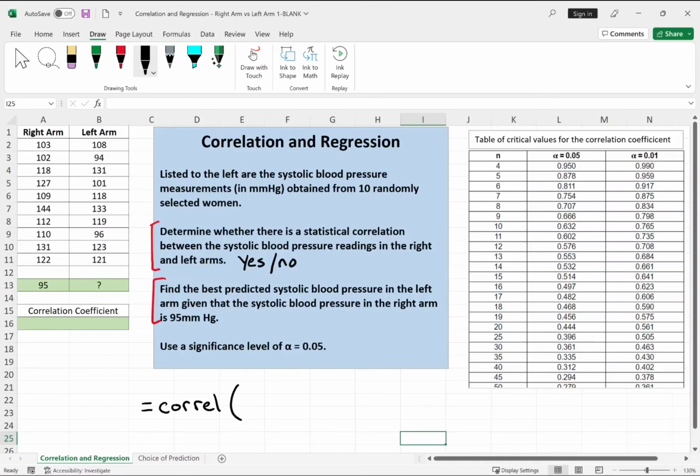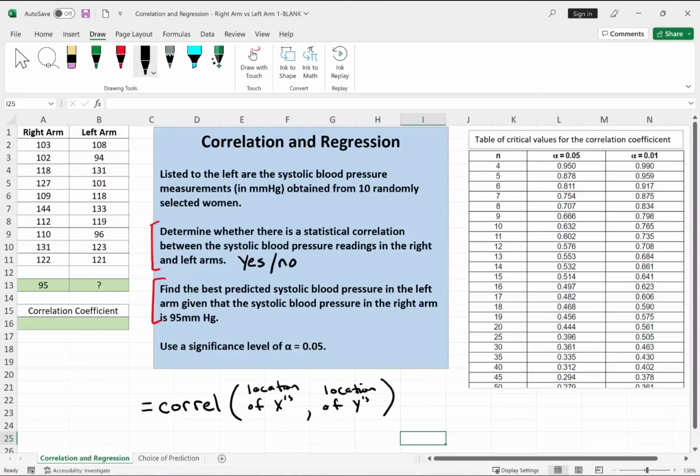The values on the left, we generally label those the X's. So the right arm measurements will be the X's, the left arm measurements will be the Y's. So we need to tell Excel the location of the X's, and then comma, and then we have to tell Excel the location of the Y's, the Y values.